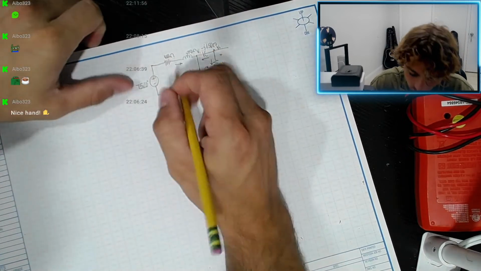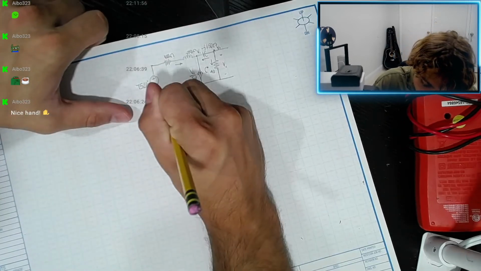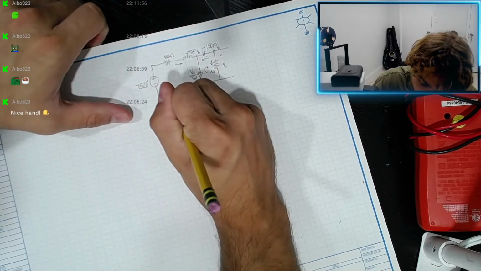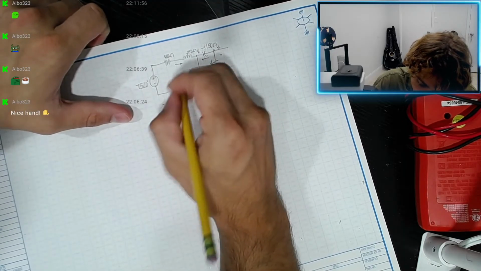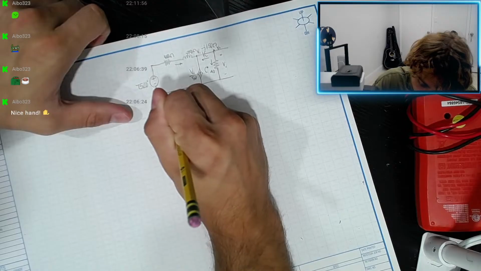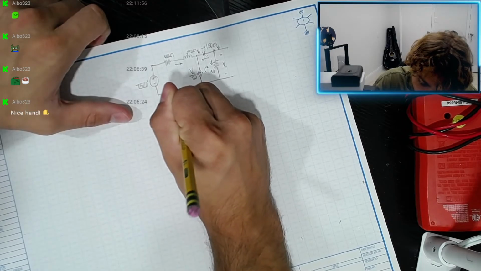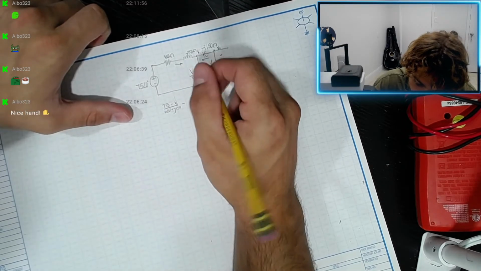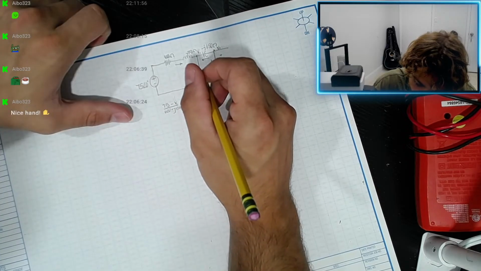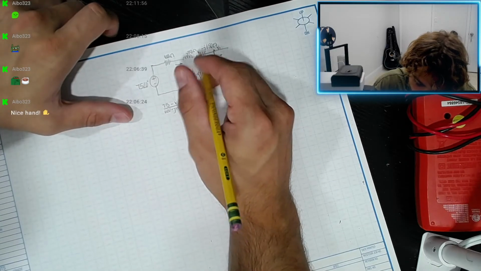I want to define currents going in this direction. So 75 minus V1 divided by 600 plus J150. He's going in, so addition.